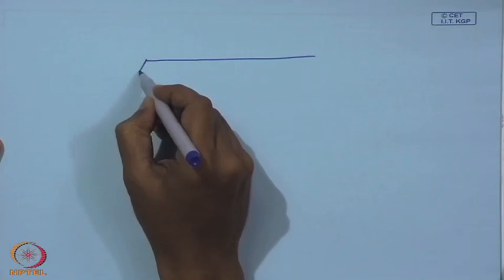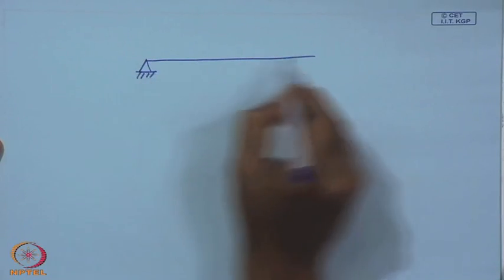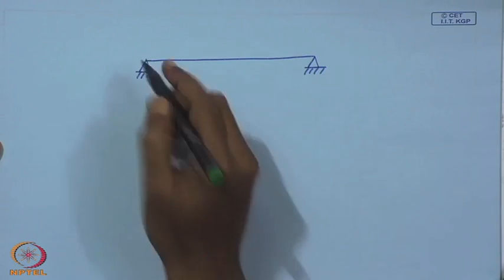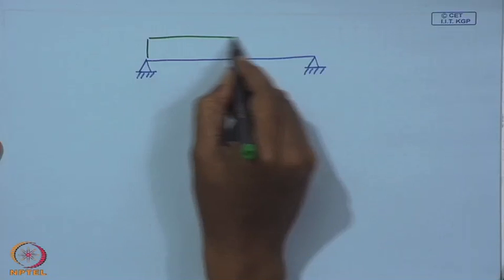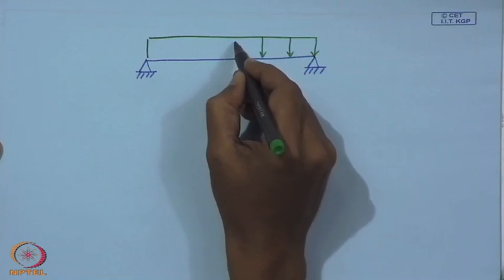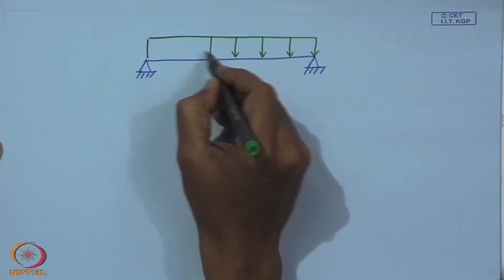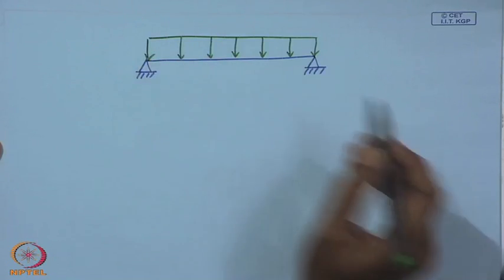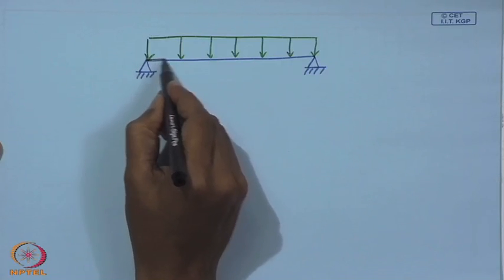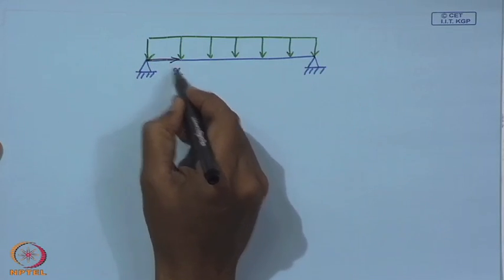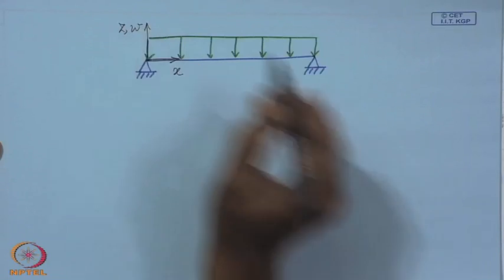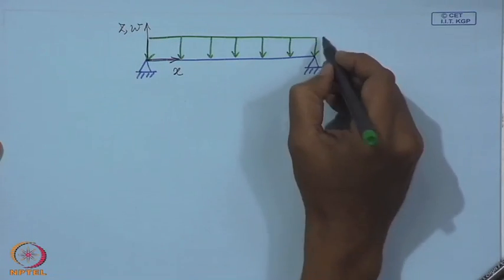This is a taut string on which we have a uniformly distributed harmonic force.